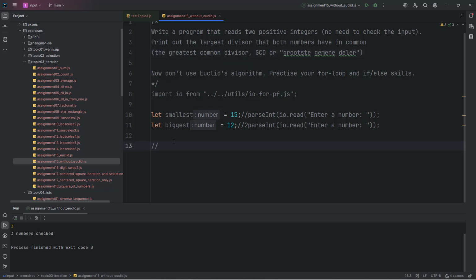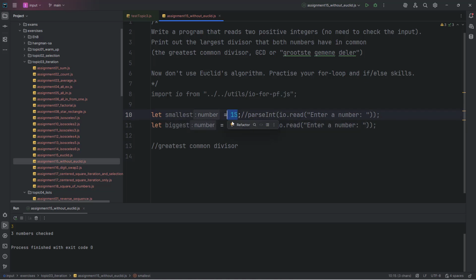So if I need the greatest common divisor, I of course need to know what a divisor is. So first thing that I might do is, and I already again set up some input here, and as you might see, I didn't use a parseInt from an IO read.